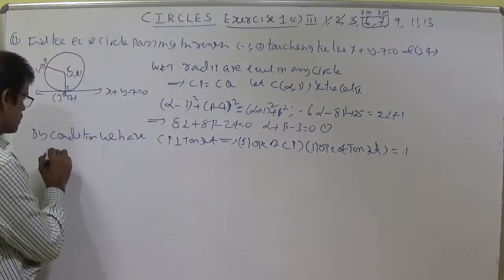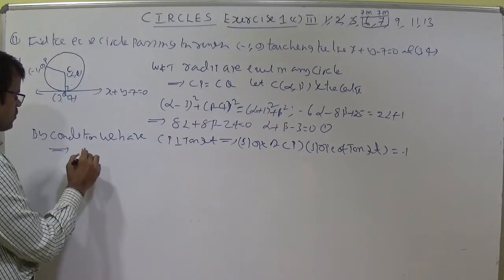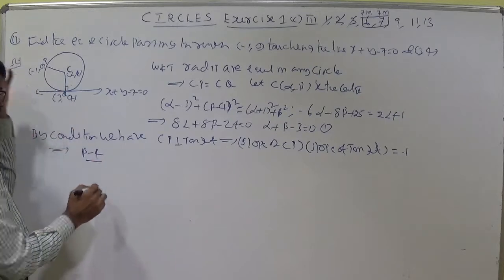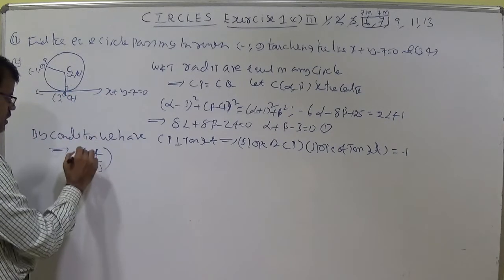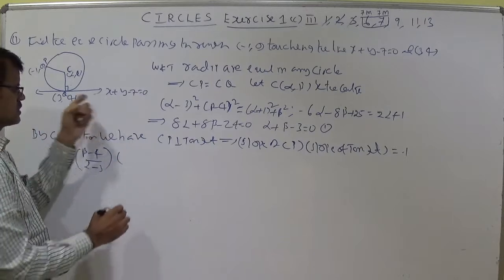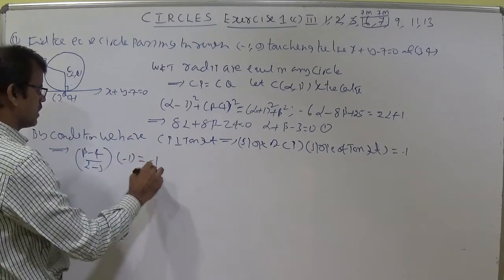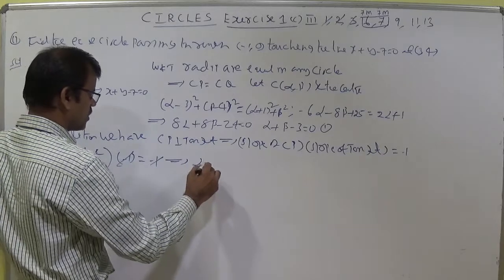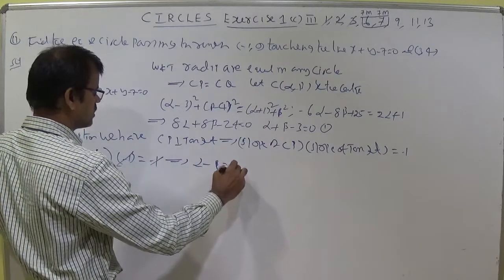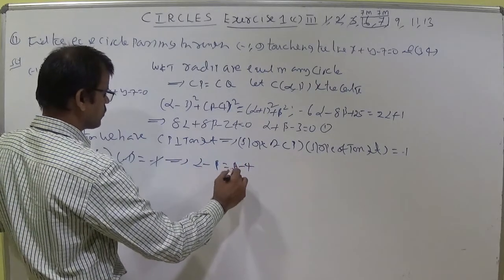Beta minus 4 by alpha minus 3, using the concept of y2 minus y1 by x2 minus x1, into the slope of minus 1 is equal to minus 1. Minus 1 gets cancelled. You can write alpha minus 3 is equal to beta minus 4.